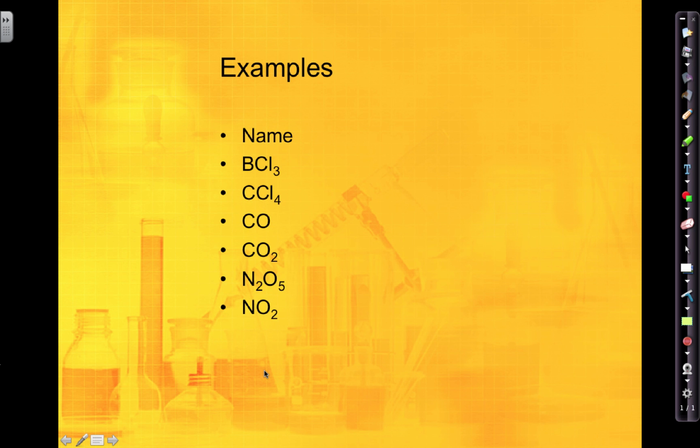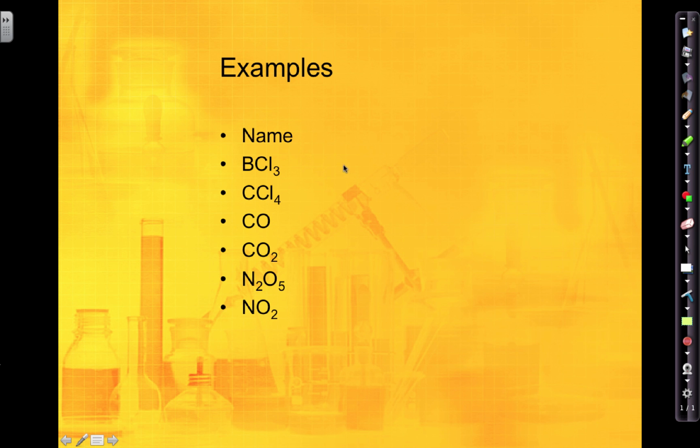All right, so first thing, when you are naming, remember, first thing, is it ionic or is it covalent? So boron and chlorine. If you have your periodic table out, which you should, you'll see that they are both nonmetals. So we have a covalent compound, so we need to look at prefixes.